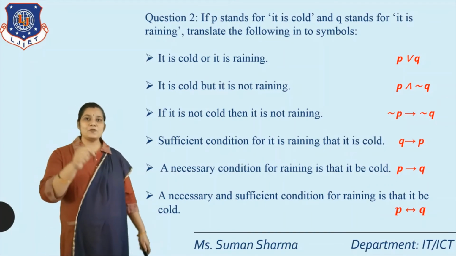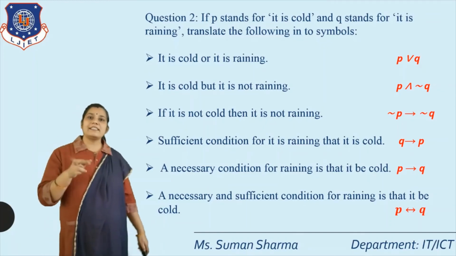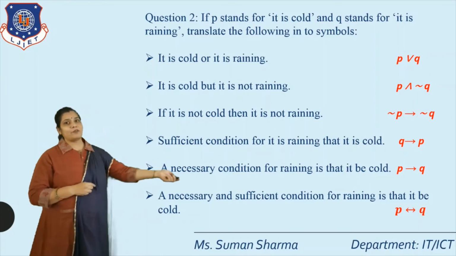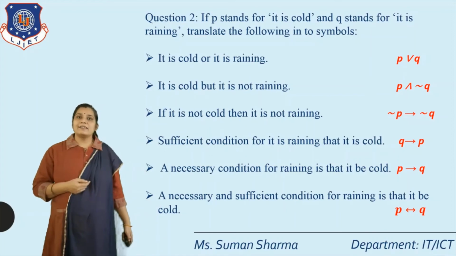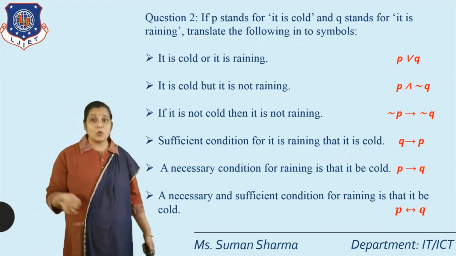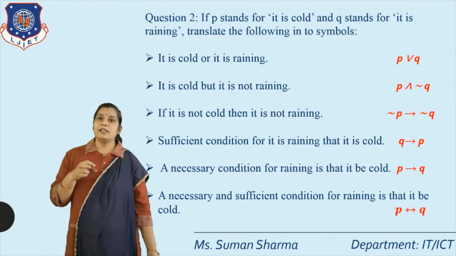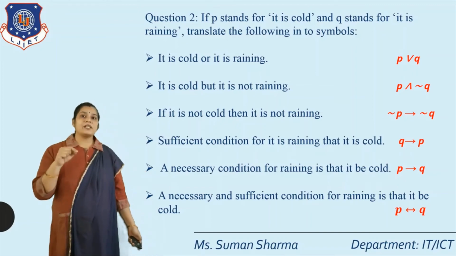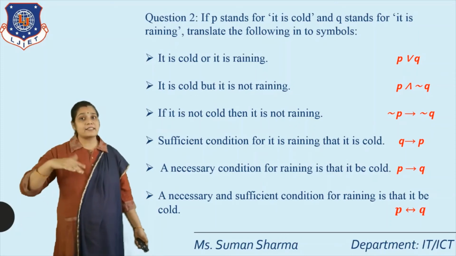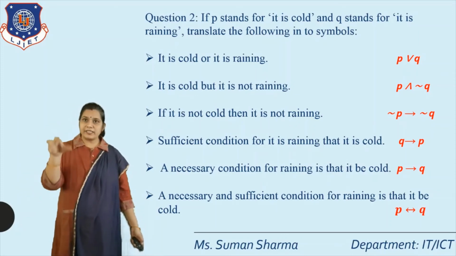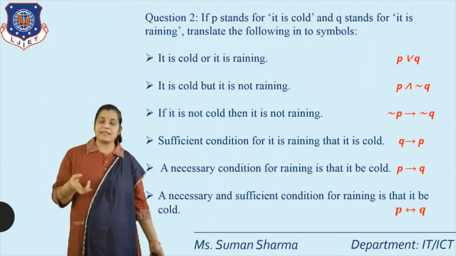So Q implies P. And "a necessary condition for raining is that it be cold": we write P implies Q. And the last one is "a necessary and sufficient condition for raining is that it be cold", so P iff Q, that means P biconditional Q. In the last sentence, both the words necessary and sufficient are included, so we write P iff Q, the biconditional.